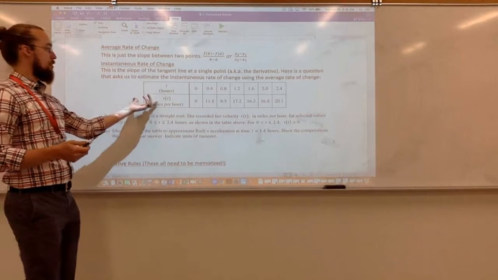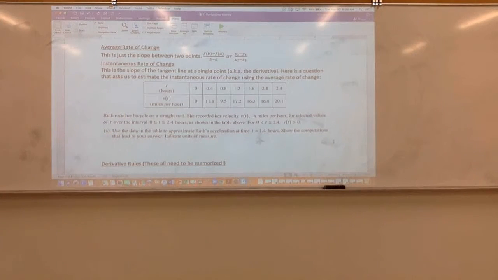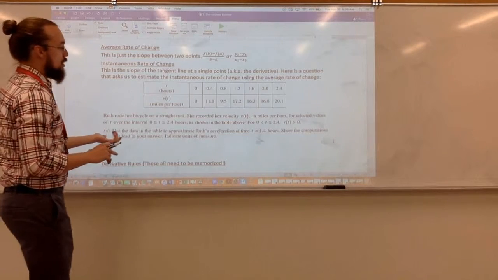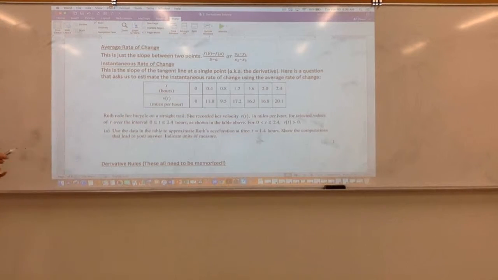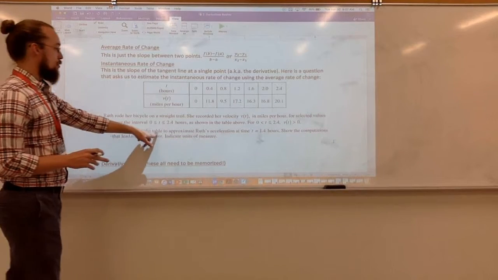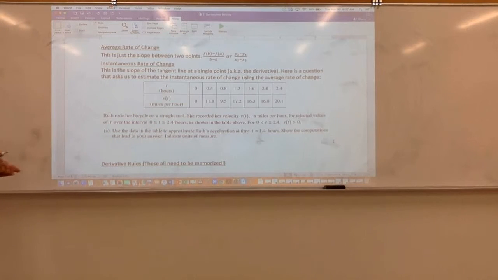Here is a question that asks us to estimate the instantaneous rate of change using the average rate of change. Given a table, it says Ruth rode her bicycle on a straight trail. She recorded her velocity in miles per hour for selected values over the interval. We want to use the data in the table to approximate Ruth's acceleration at 1.4 hours.